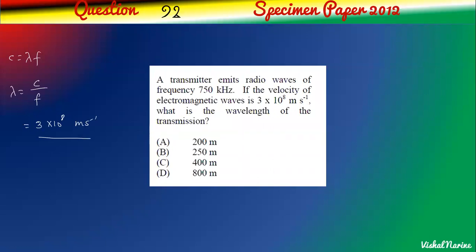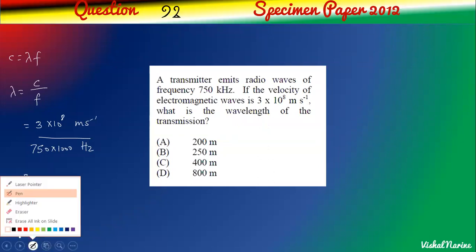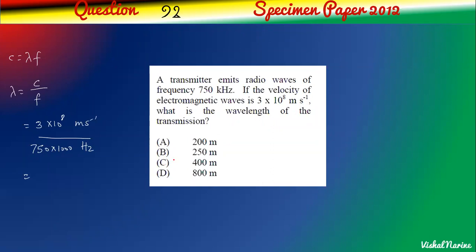We notice here that the frequency is given as 750 kilohertz, but the unit of frequency here must be in hertz. So we'll have to convert 750 kilohertz to hertz, so that's going to be 750 times 1,000 hertz. So working all of this using your calculator again, you will see that that works out to be C, 400 meters.